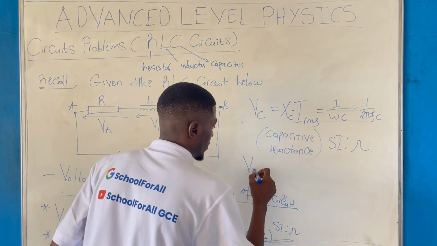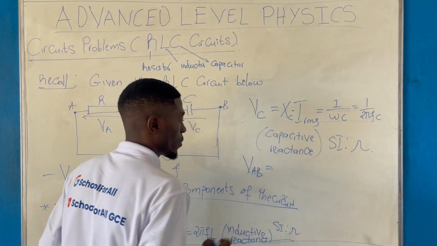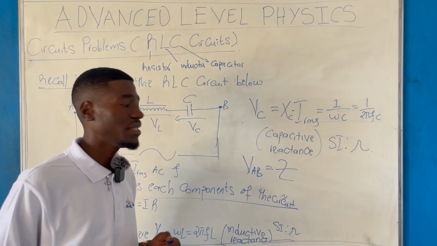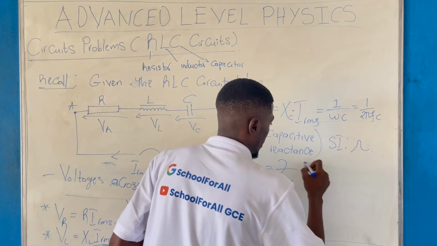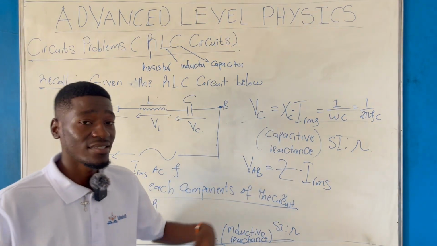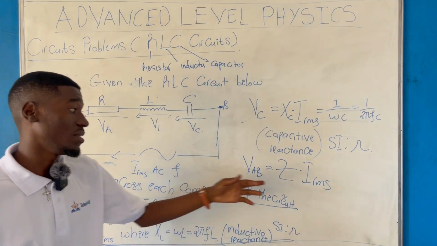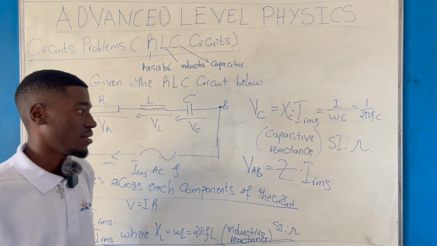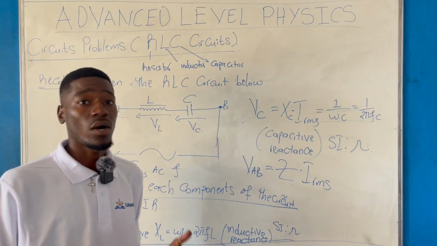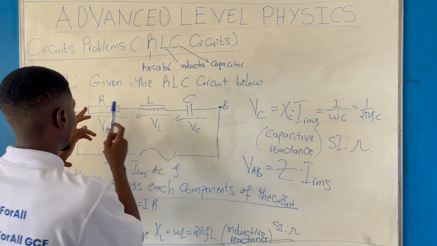So the voltage across AB is simply equal to Z, called the impedance of the circuit, times I RMS. Z still has the unit of a resistance, and I is the current. I will show you how to come up with Z. It's not the addition of all the resistances.